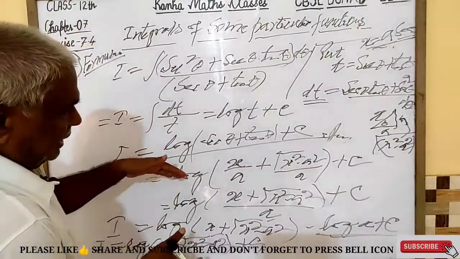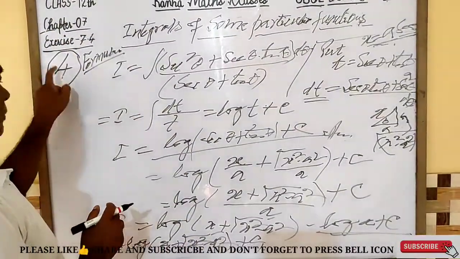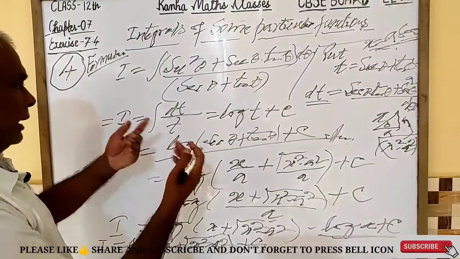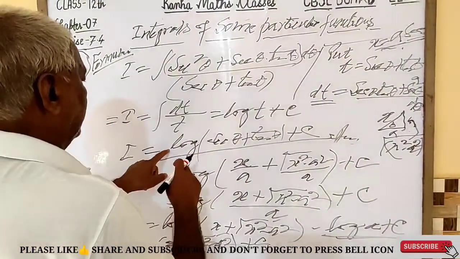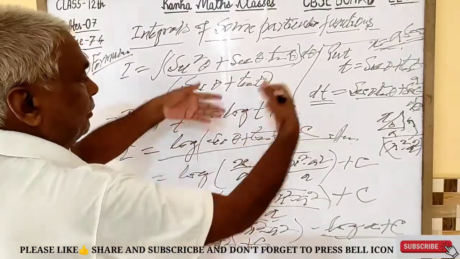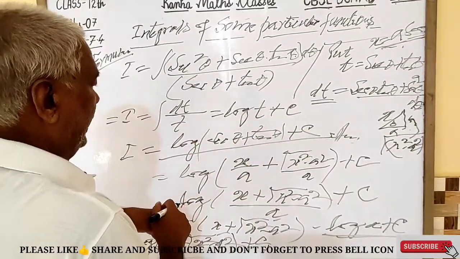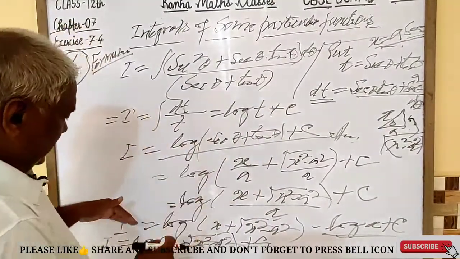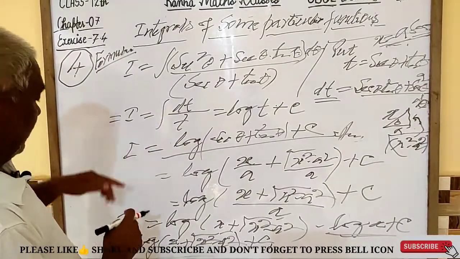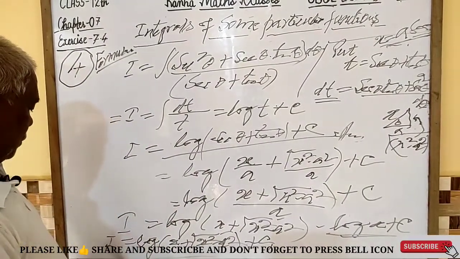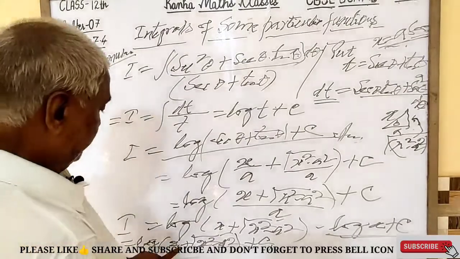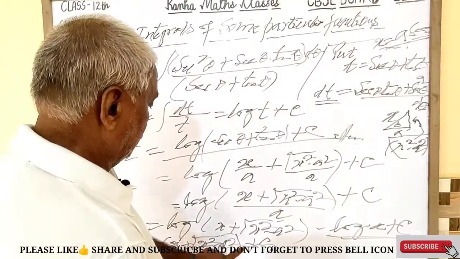This will be the further extended form of the very formula number 4, and earlier we have substituted here. This will also be utilized in some problems of integrals, and the ultimate formula in terms of x will be equal to log x plus under root x square minus a square plus c1.